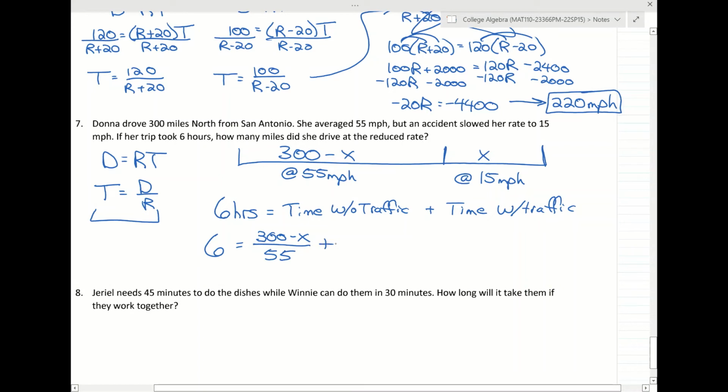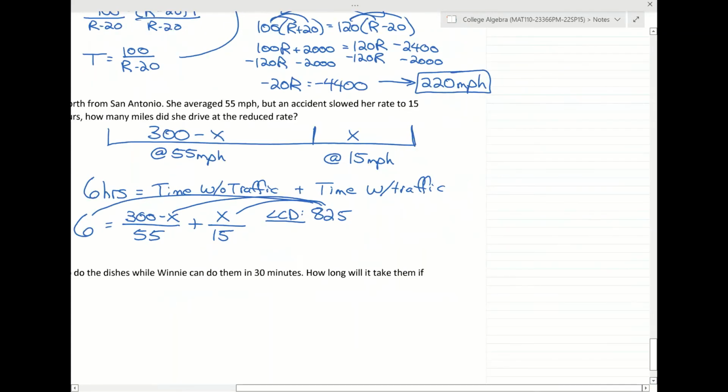The time for that second part would be the distance over the speed. A little complicated to set up, but that's what we do. The LCD for this, if we are looking to solve a rational equation here, between 55 and 15, would be 825. What we'll do is multiply that times each fraction and then solve for x. And I'll just do that on the side here to save us a little bit of room.